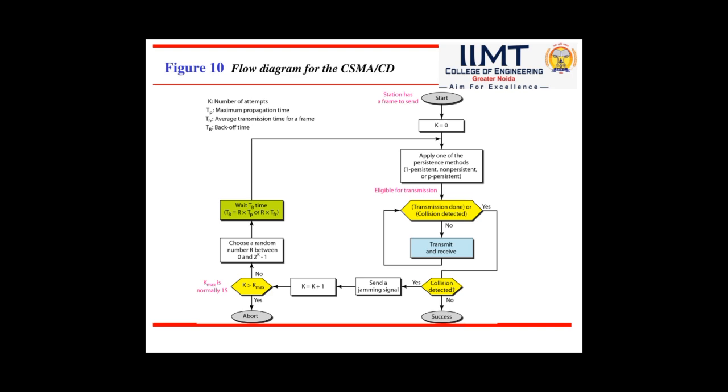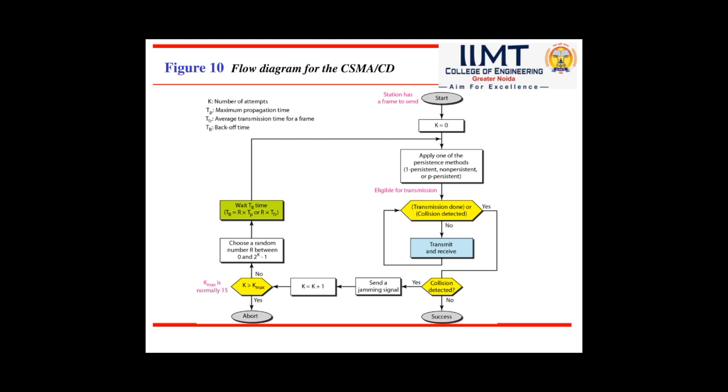Here, if two or more stations send their frames, then due to collision of frames, the voltage will increase. By detecting that voltage, it is called a jamming signal. That signal will be sent back to the stations, so that they detect that the frame has collided during the transmission.